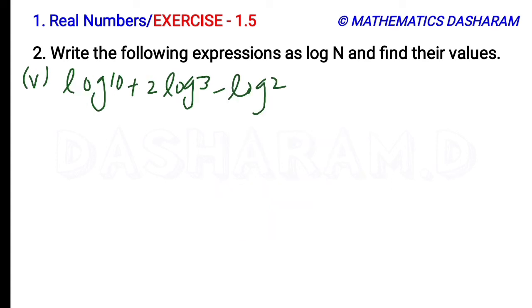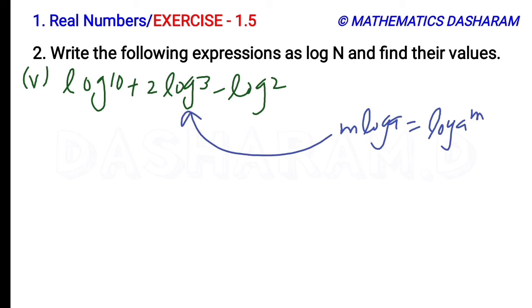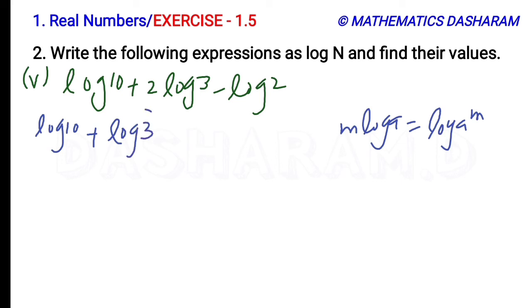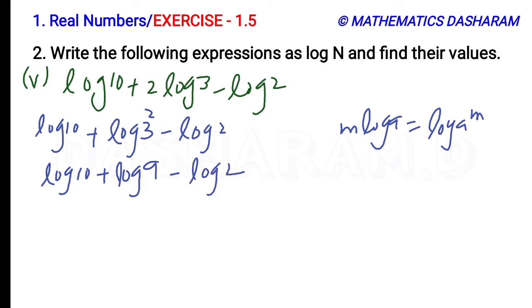Next question, log 10 plus 2 log 3 minus log 2. So first of all, m log a formula, let us use it. Log a to the power of m for this middle term. So then log 10 plus log 3 square minus log 2. So log 10 plus log 3 square, 3 3s are 9, minus log 2.